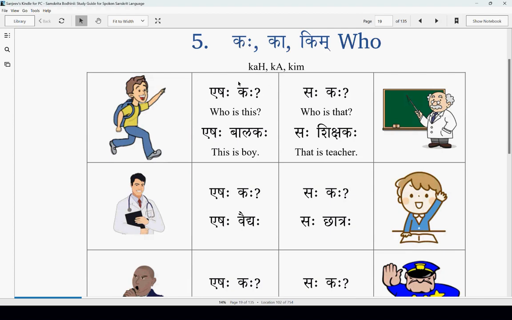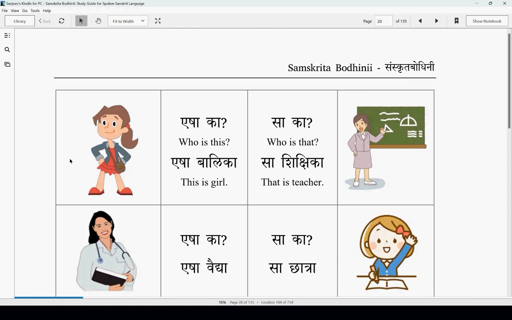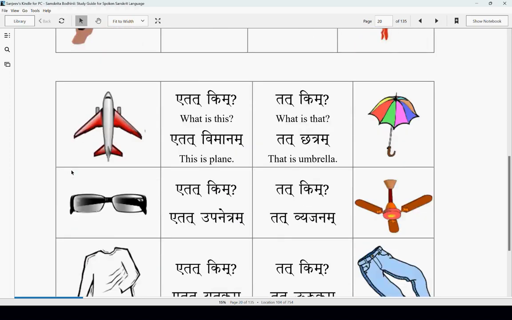This is a question we can ask. Asti can be added optionally. Esha ka asti, esha balaka asti, saha ka asti, saha shikshaka asti. Kaha, and then similarly for ka also. Esha ka, esha balika, saha ka, saha shikshaka. So that we saw already.